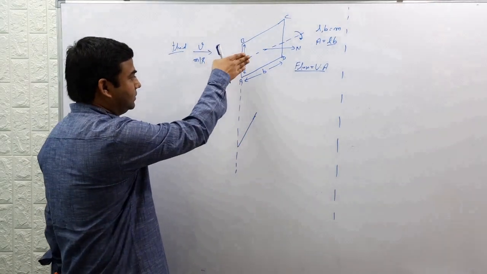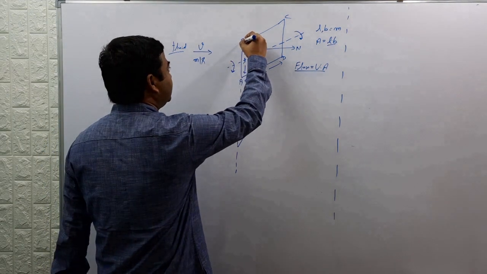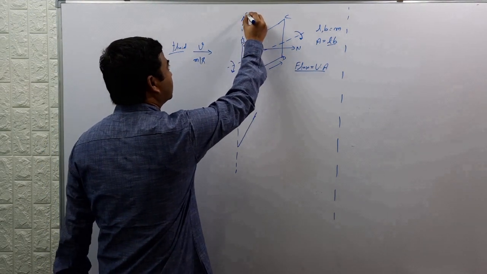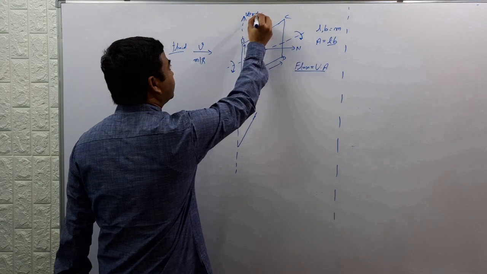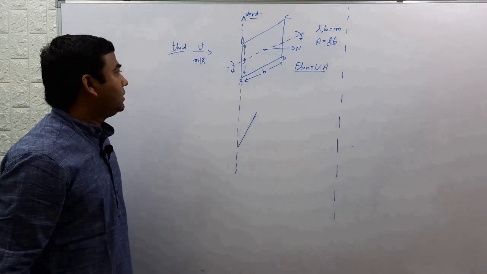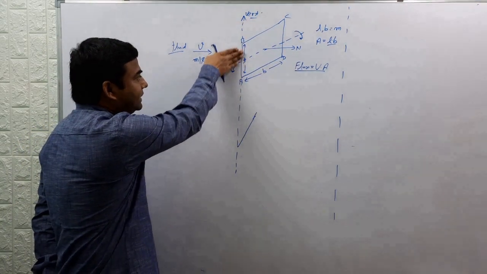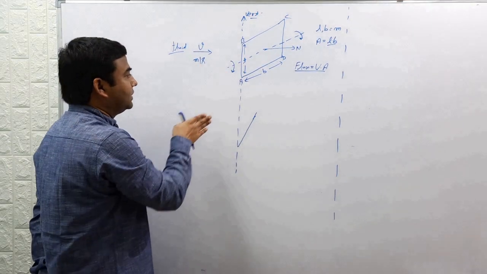So this was the vertical direction. The angle between the vertical and this side was zero in this case.